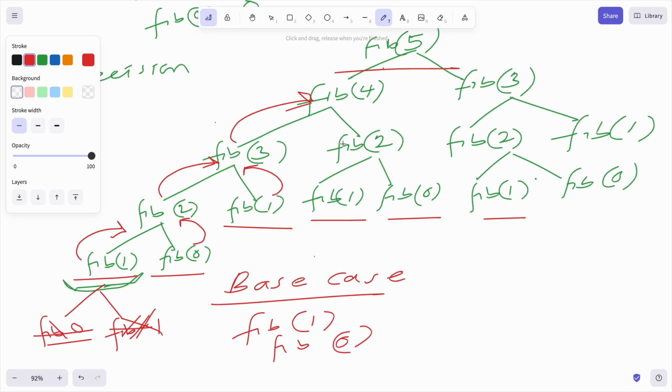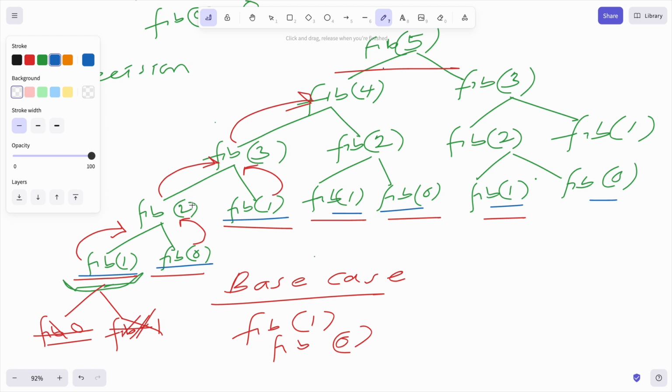So the issue here now is that if you take note of what's going on here, there's a lot of fib of 0 and 1 going on. But fib of 1 and fib of 0 are not breaking down. They are all base cases, so we just immediately return from them.